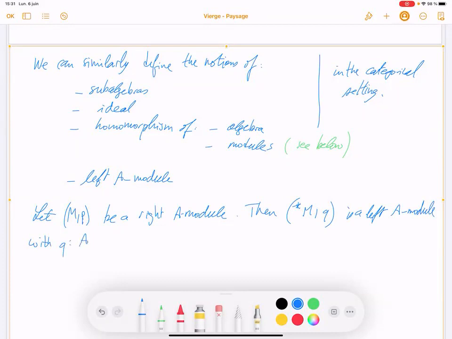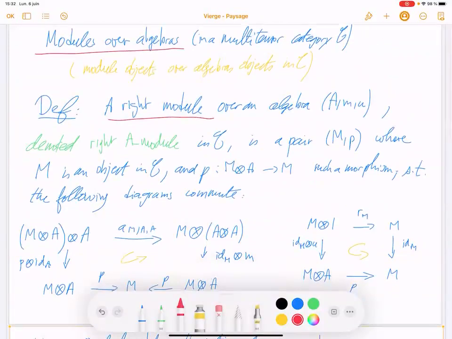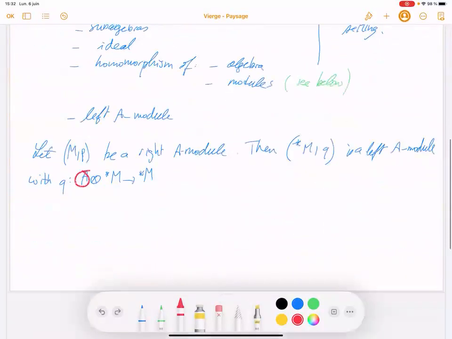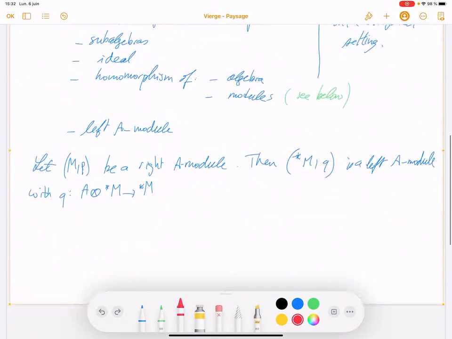So Q should be a morphism from A tensor star M to star M. So you see it's a left A module. A acts on the left. You see for right, A acts on the right. When I say act, it's just a notation. It can make sense in the categorical setting also, but anyway, A is on the left.